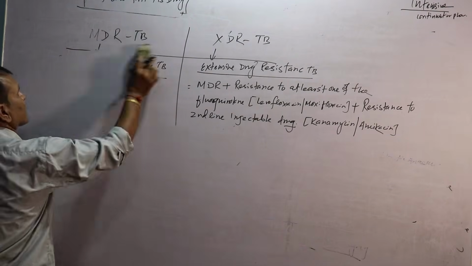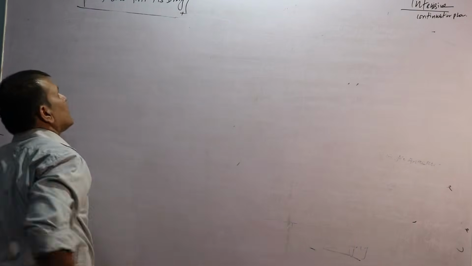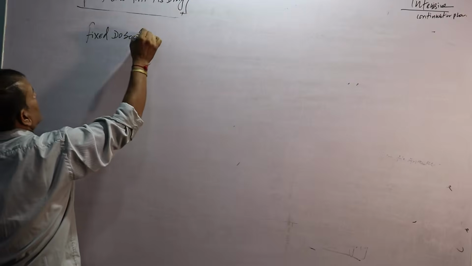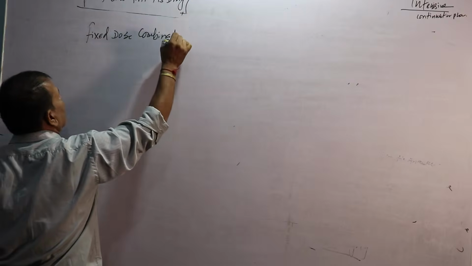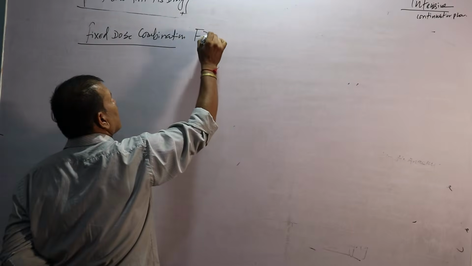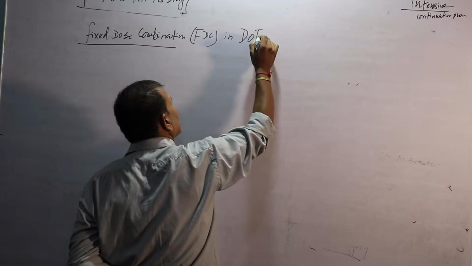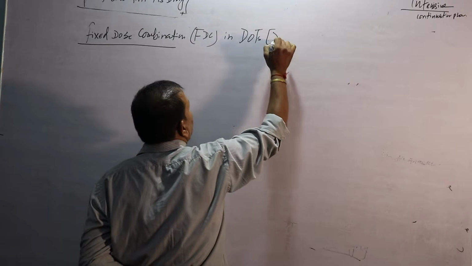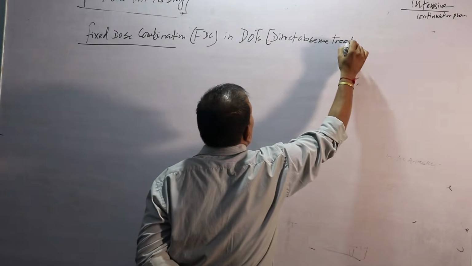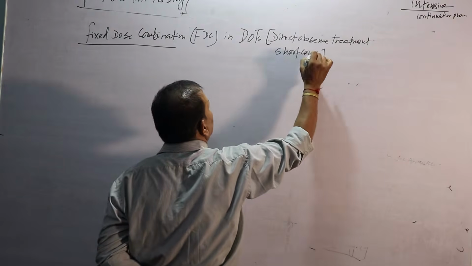Now, second one, fixed dose combination, FDC, in DOTS, which means directly observed treatment, short course.